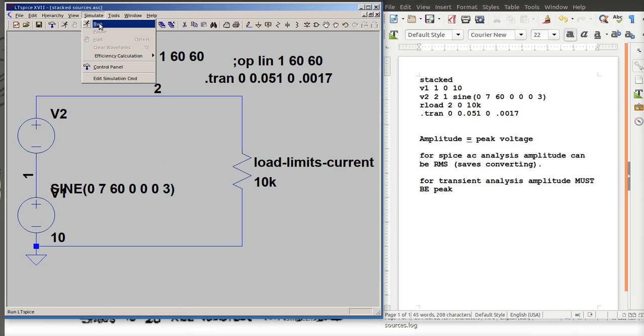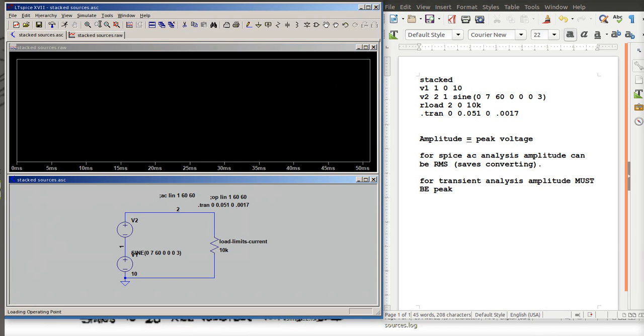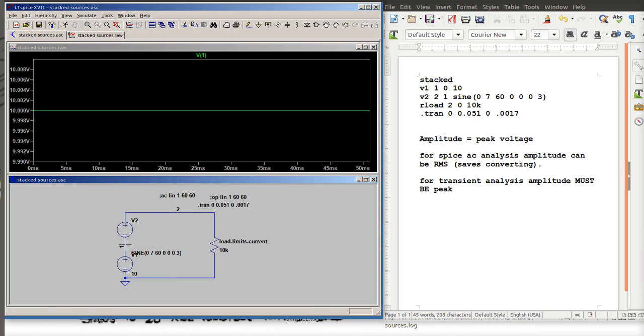And what happens when I run it is graphically a window opens and I can plot what I've got. So if I look at a voltage probe graphically and I look at the voltage at node 1 with respect to node 0, it's showing me my 10 volt DC source, which we would expect.